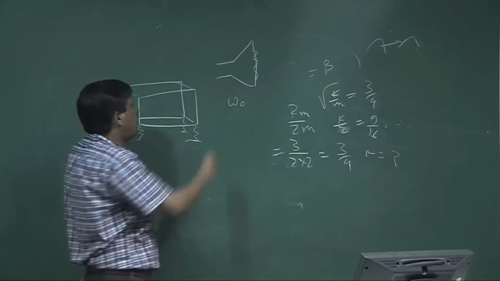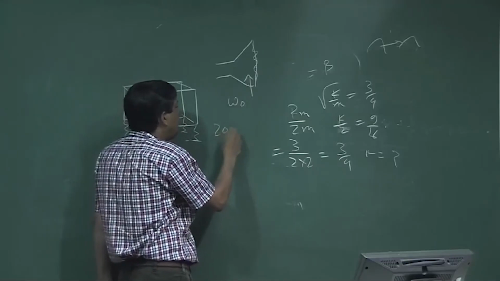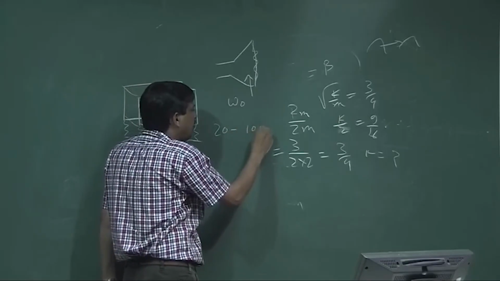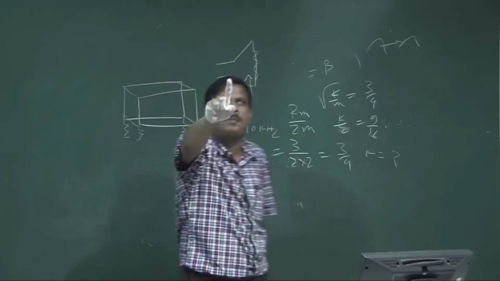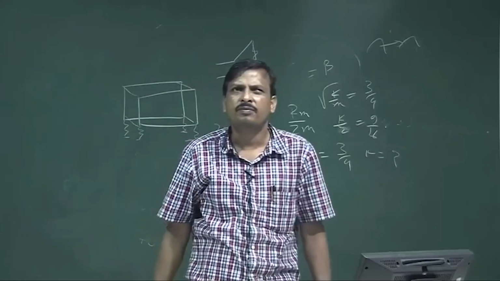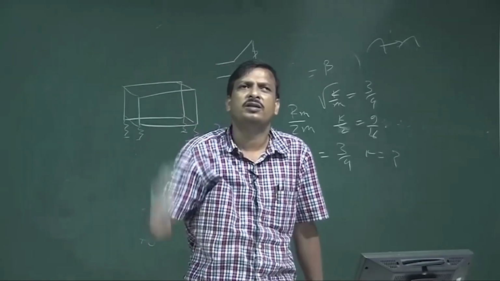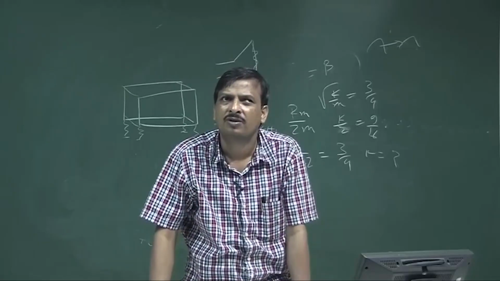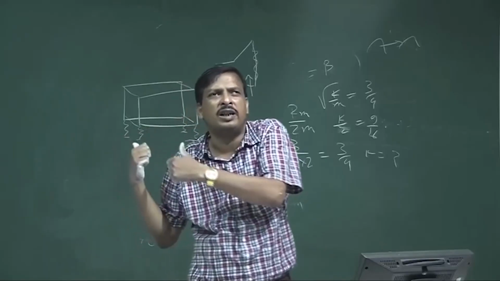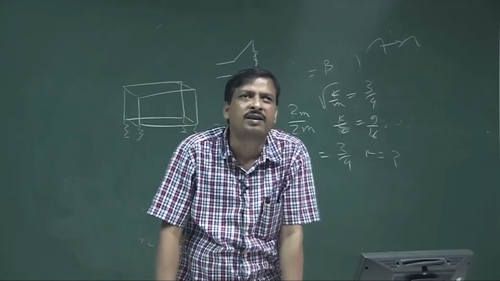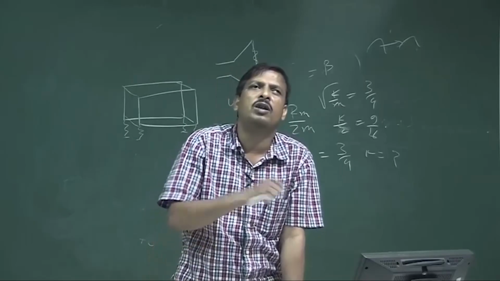Now, if I want to operate this loudspeaker from 20 hertz to 10 kilohertz, then my omega 0 should be much above 10 kilohertz, so that resonance does not happen. If resonance happens, then it is gone. So, if I know the mechanical things, I can easily draw the equivalent mechanical circuits, find out the impedance, find out the resonance frequency, and I know the operation frequency.